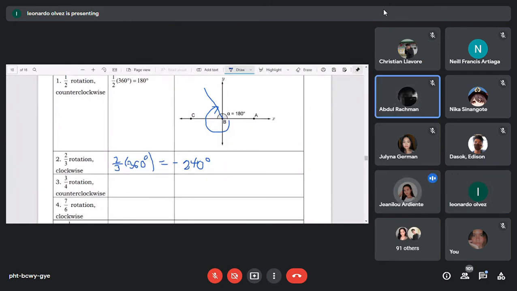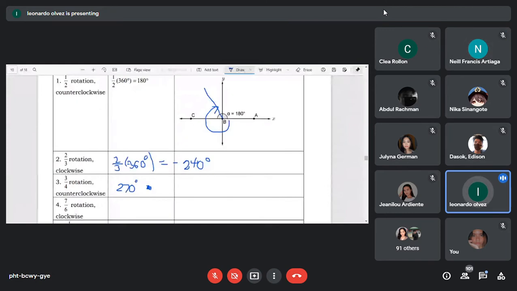That is 270 degrees. Where is its terminal side? It is on the negative y-axis. Very good. Negative y, because the rotation is positive but the terminal side lies along the negative y-axis.